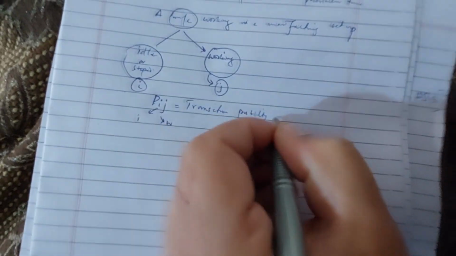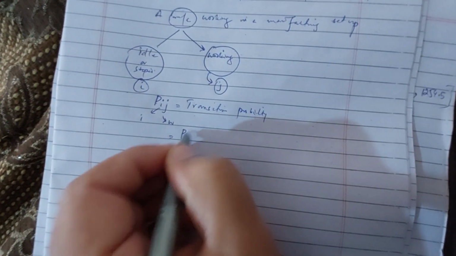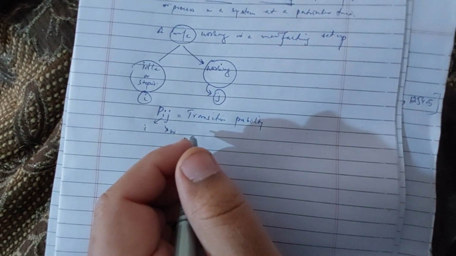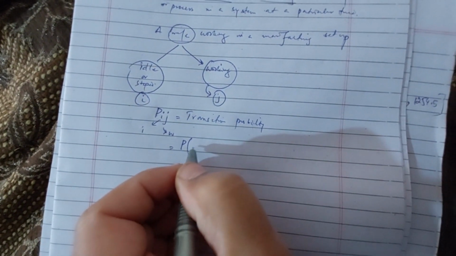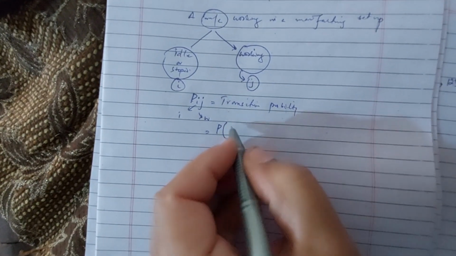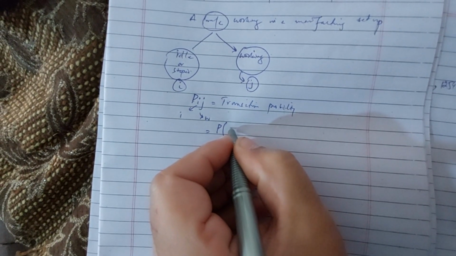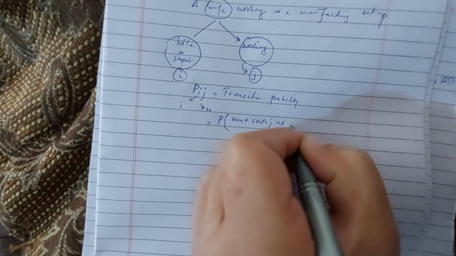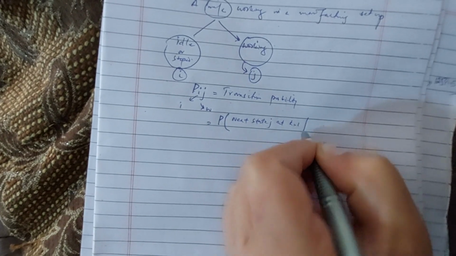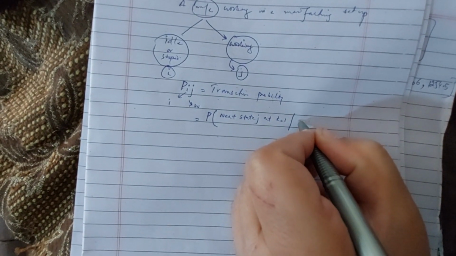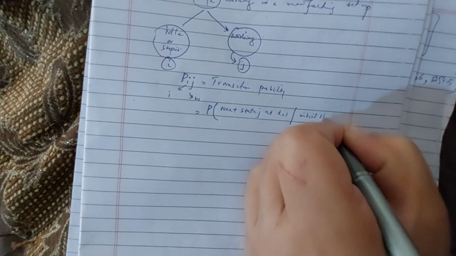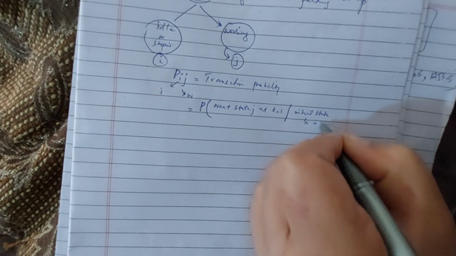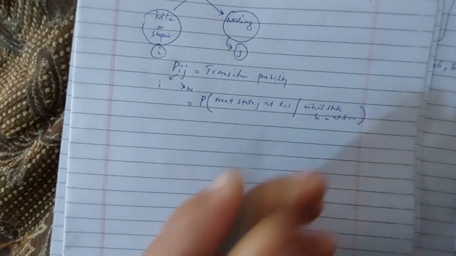Mathematically, it can be written as the probability that the object is at next stage J at time period t is equal to 1, such that the current stage or the initial state Si is at time period of t is equal to 0.